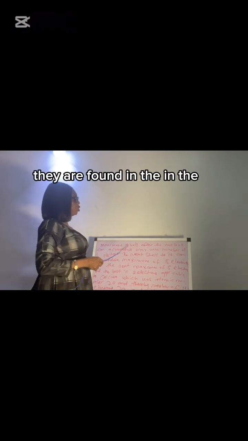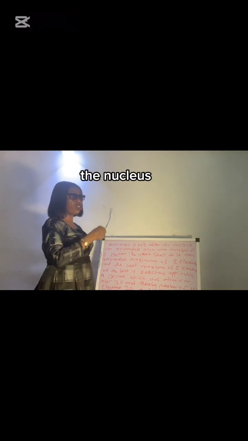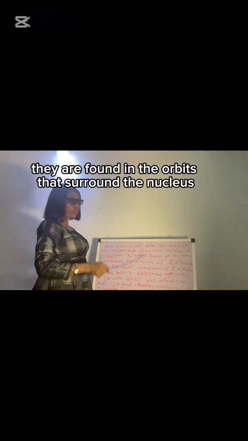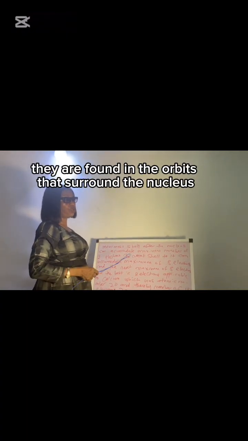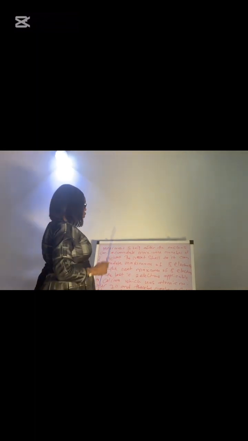They are found in the orbits that surround the nucleus, and this orbit we call shells.